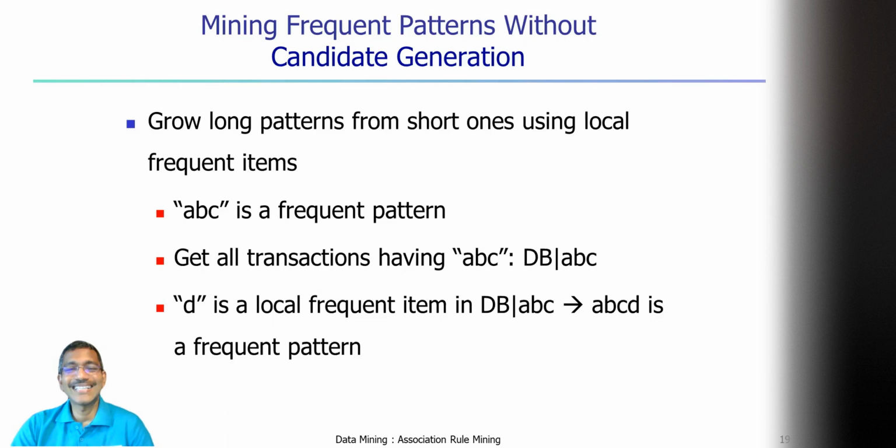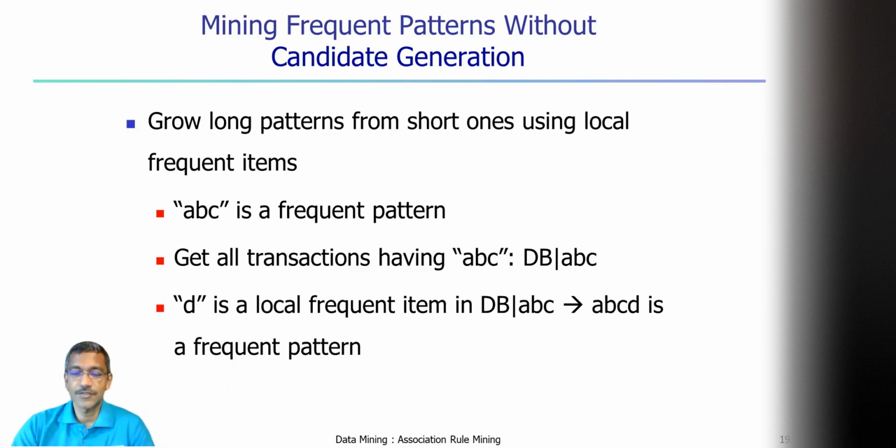Whether we can start from patterns and then build up on those patterns, and also reduce the number of database scans, right? So we try to grow long patterns from short patterns using the local frequent items. We still use the same bottom-up approach, where we start from the frequent one item sets and continue to grow.